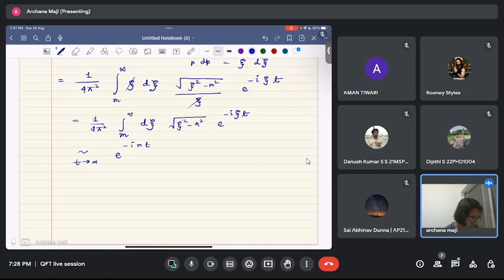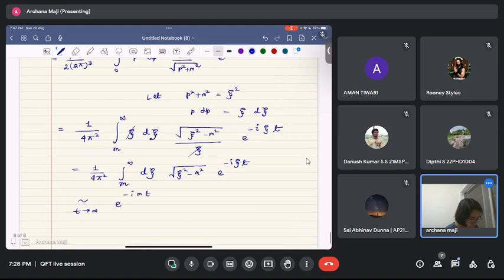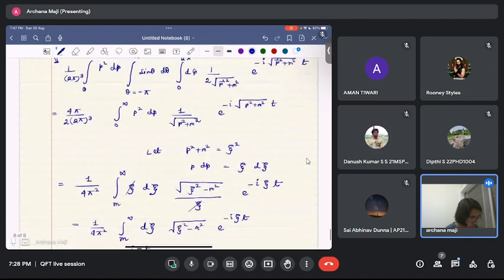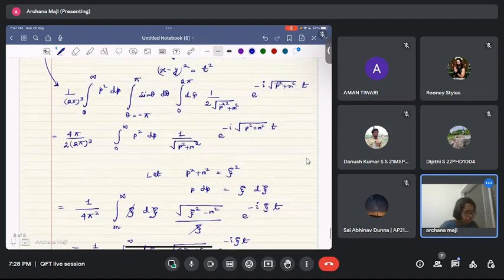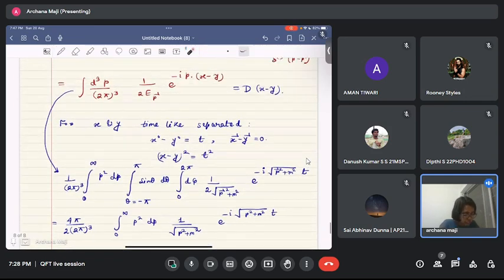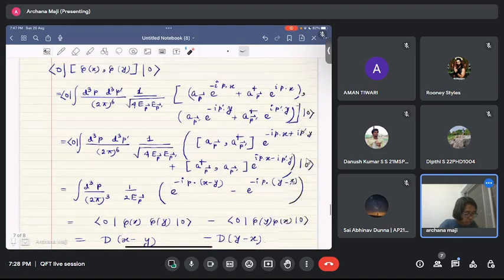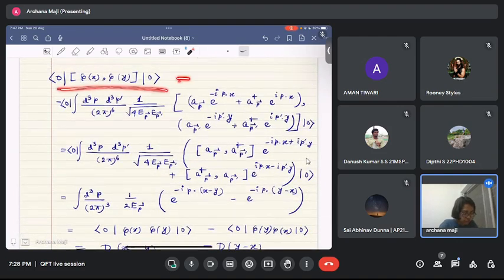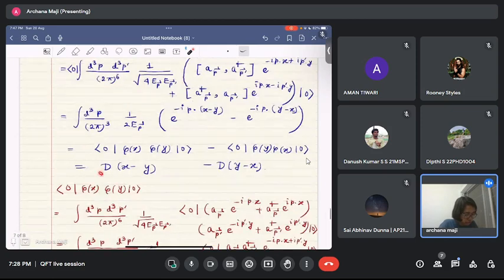Not really decaying, but oscillating, because there is i in the exponent. But all we wanted to say here is that if these two events are time-like separated, then this commutator is non-zero. So this is not getting cancelled from this. Okay?